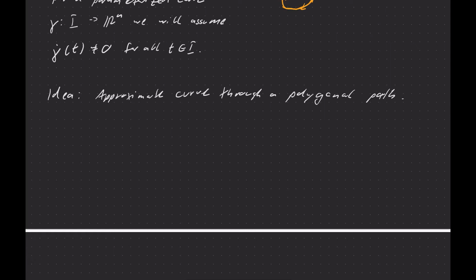Now it looks like this. Let's say we have a curve like this here, and we're going to approximate it through a polygon. And of course we need start and end points, and we'll just designate some points in between, like here, here, here, and say one more here. And then we'll look at the polygon that just connects these points.